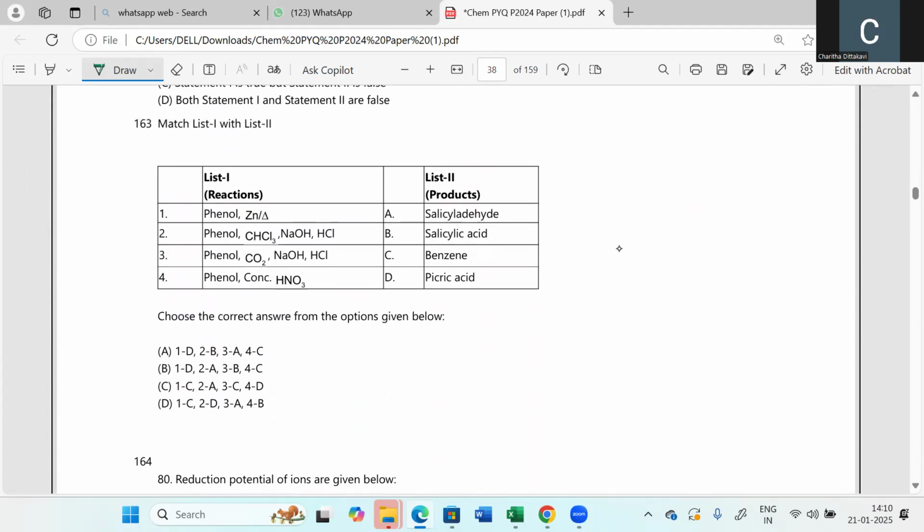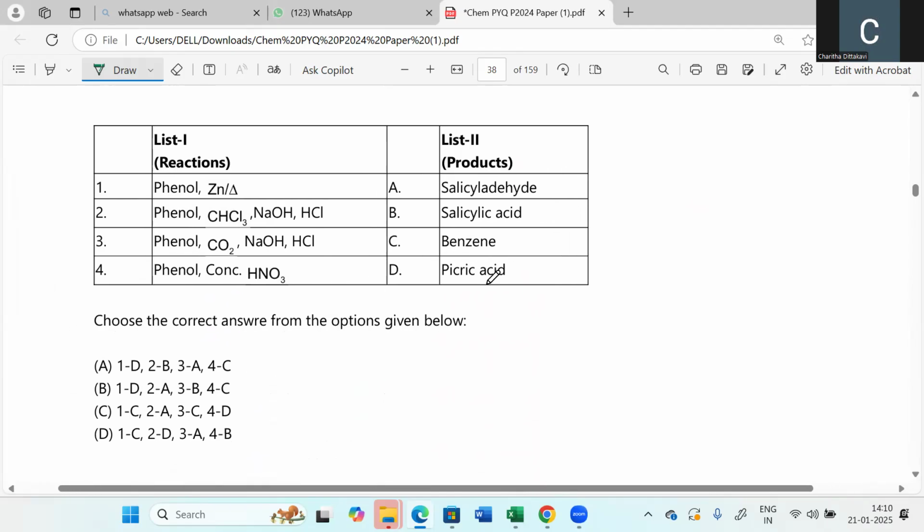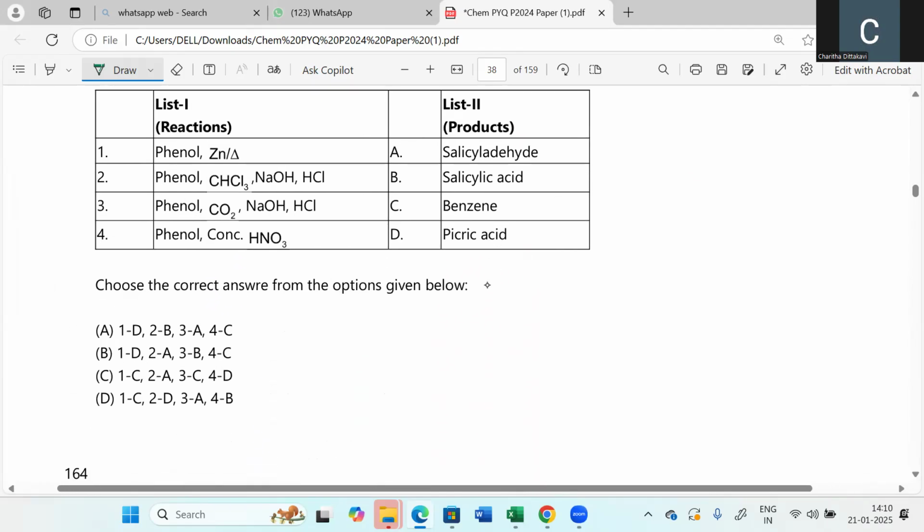Next, 163. I enjoy doing these kinds of questions, children, because this is the whole of organic knowledge. Phenol with zinc is very, very famous, it turns to benzene. So 1 with C for sure.